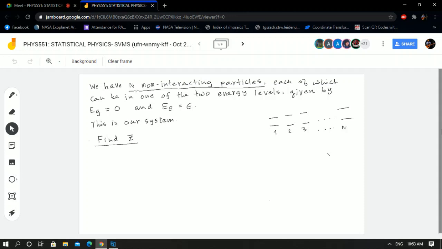So my partition function for one particle, Z1, equals 1 plus exponential to the power minus beta epsilon. And then for n particles, it will be (1 plus exponential to the power minus beta epsilon) to the power n. That is for the total. Okay. Yes. Okay, very good.